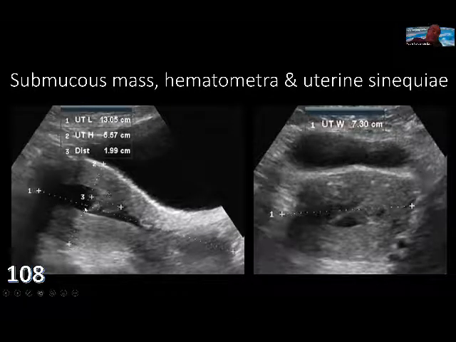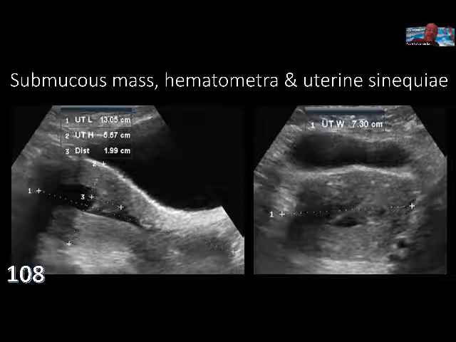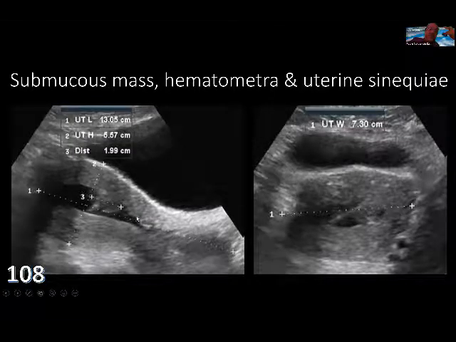You can see this after a D&C or with the background of a uterine procedure, uterine synechia. Sometimes this can cause amniotic band syndrome in pregnancy. So we have a submucous mass, some synechia, and a collection.